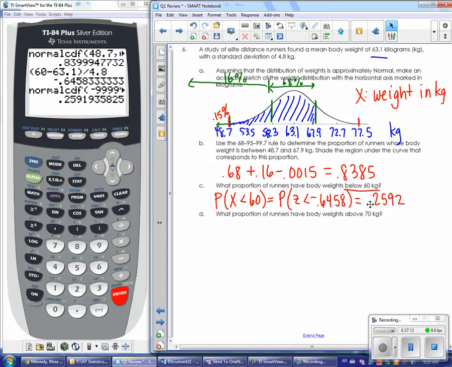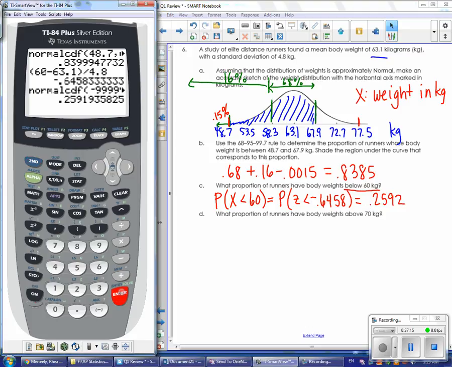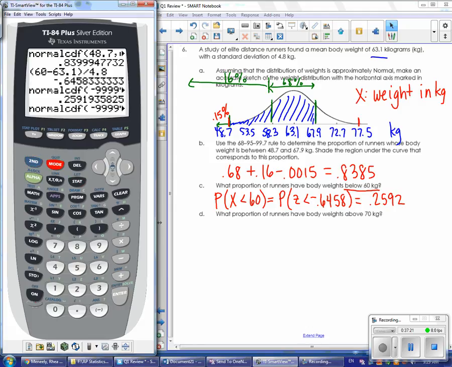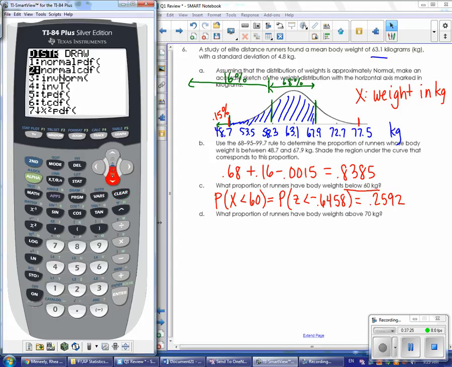I could have done the same thing. Sorry. Let's go back. If I could do the same thing, normal CDF, keep my lower bound at negative infinity, keep my upper bound at negative 0.6458. That's a z-score.